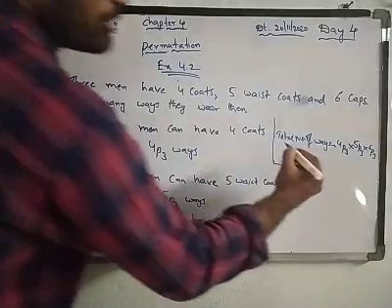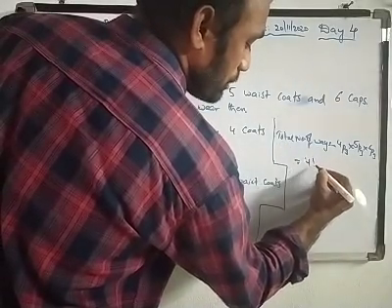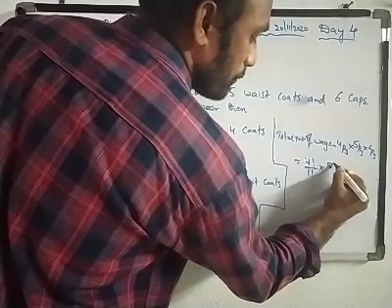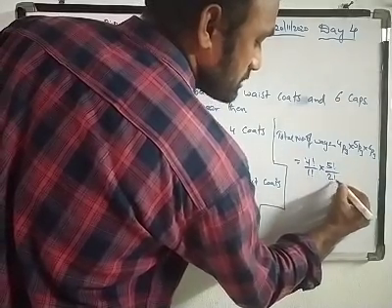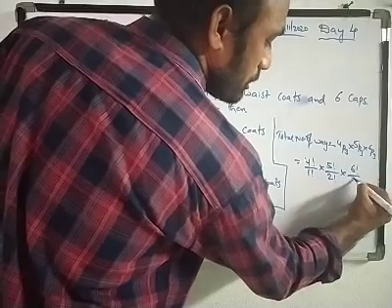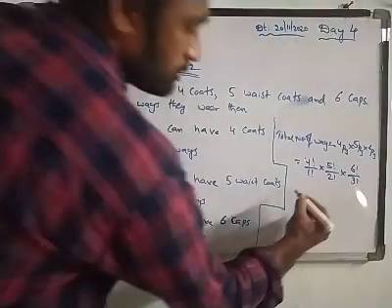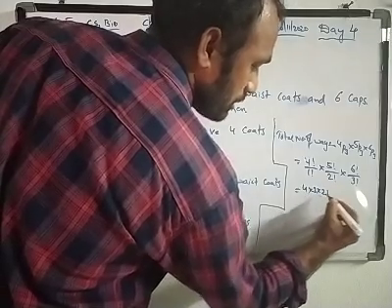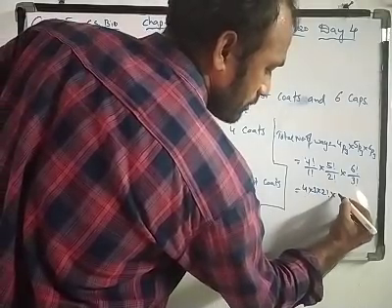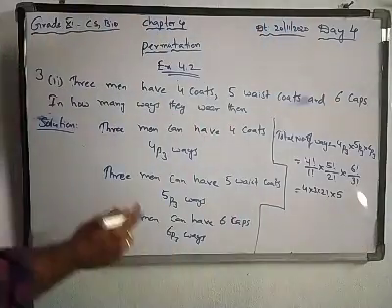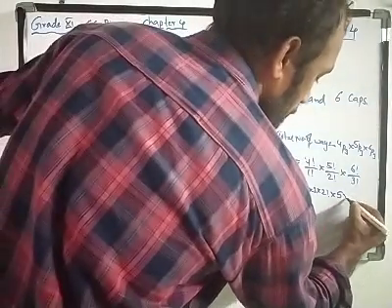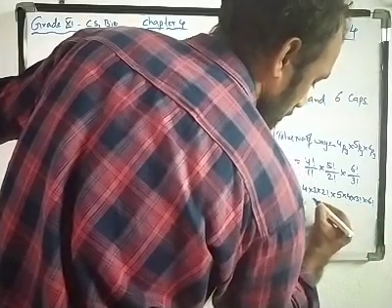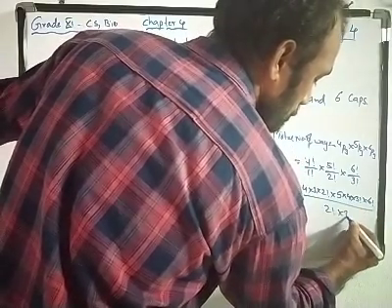So that is 4 factorial by (4 minus 3) which is 1 factorial, into 5 factorial by (5 minus 3) which is 2 factorial, into 6 factorial by 3 factorial. So that is 4 into 3 into 2 factorial, next 5 into 4 into 3 factorial, into 6 factorial by 2 factorial into 3 factorial.